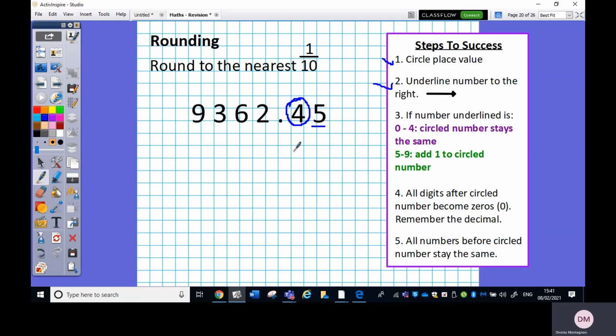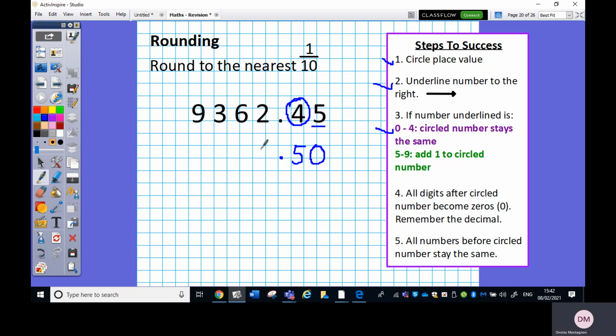The circled number is 4 plus 1 equals 5. Great. Good. So all numbers after the circled number become zeros. This becomes a 0. Remember the decimal? Good. I'm not going to change where my decimal is. It stays in the same spot. Now, good.